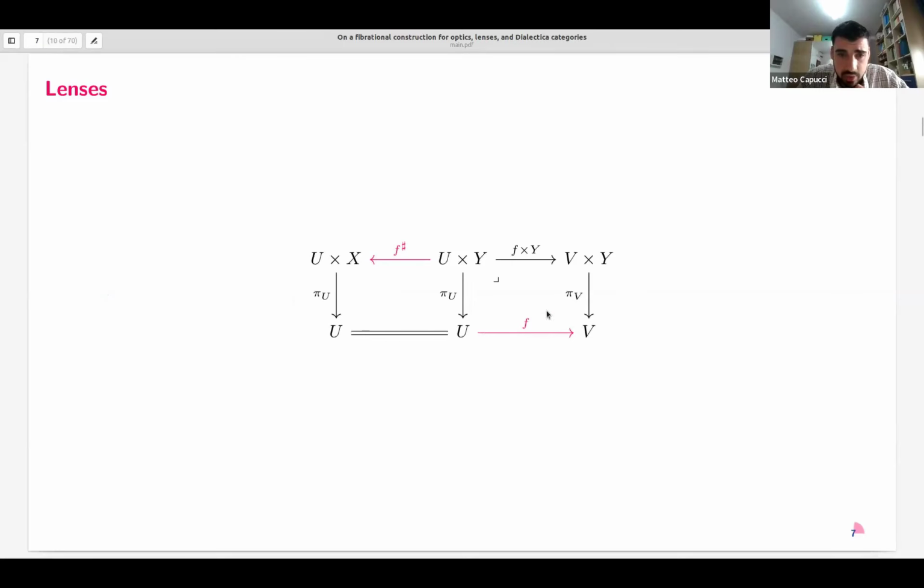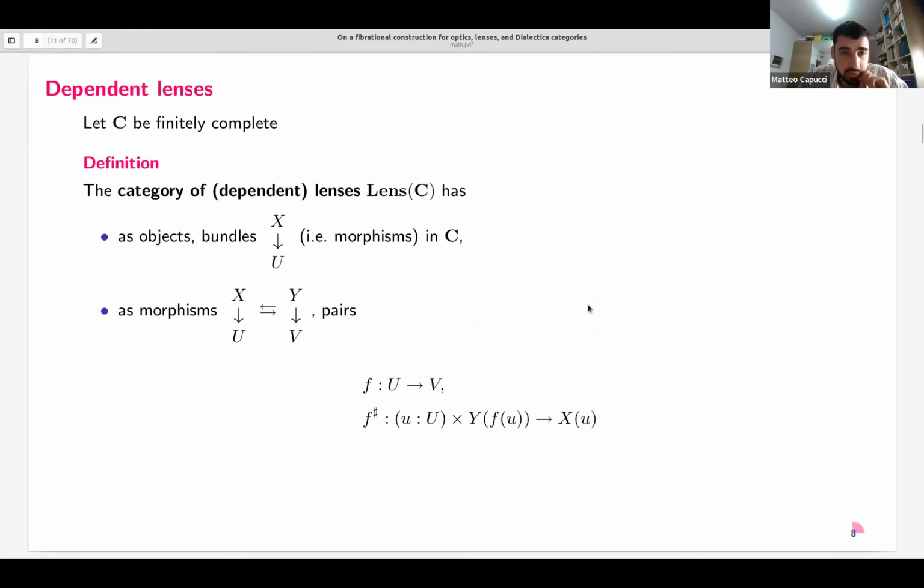So you have here pairs that are represented by projections, and then a lens is given by a map between the bottom things, U and V, and then a map between the top things that goes in the other direction, right? And you see this goes from U times Y to X, since it's really trivial on U because of the commutativity of this.